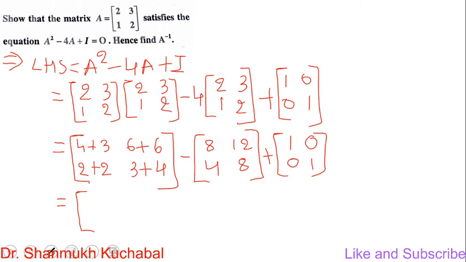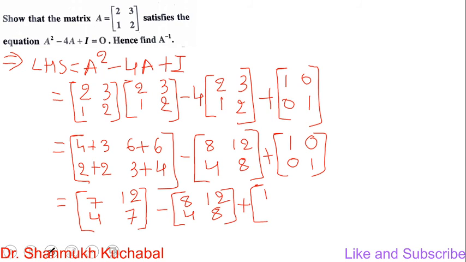Simplification is 7 12 4 7, then minus 8 12 4 8, plus 1 0 0 1. Then we'll simplify this. So on simplification we get 0 0 0 0.